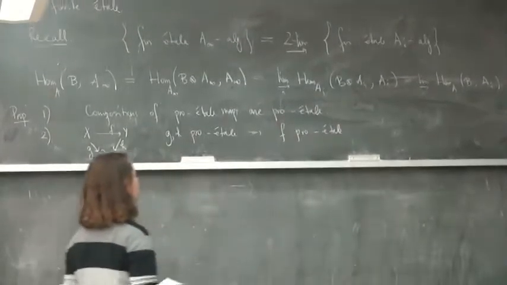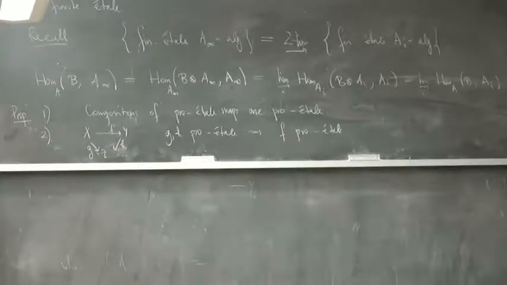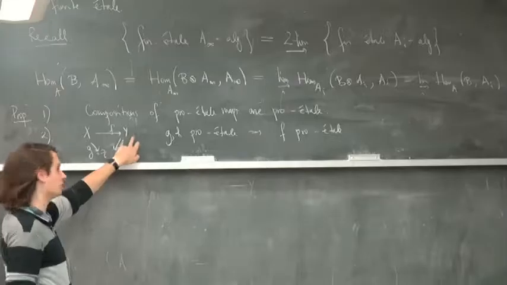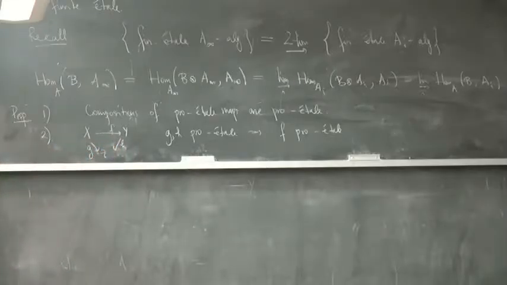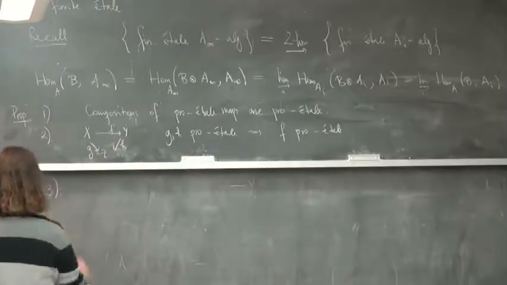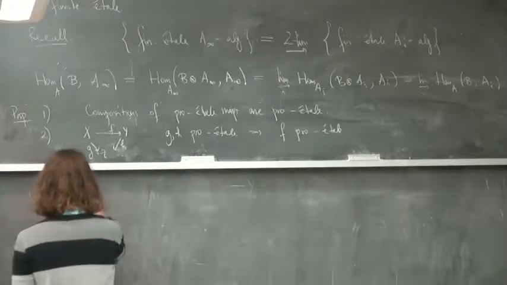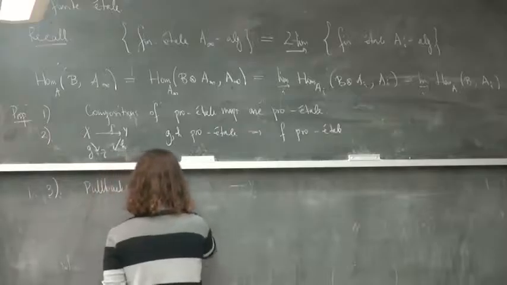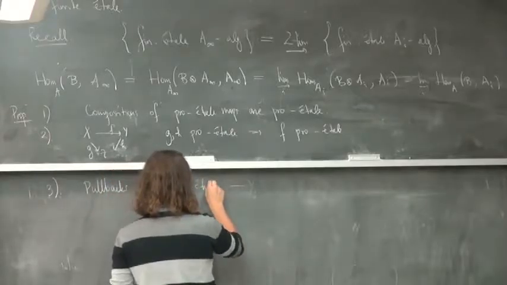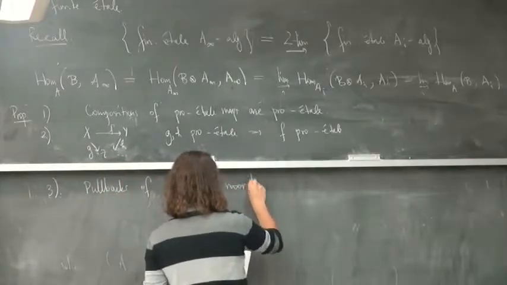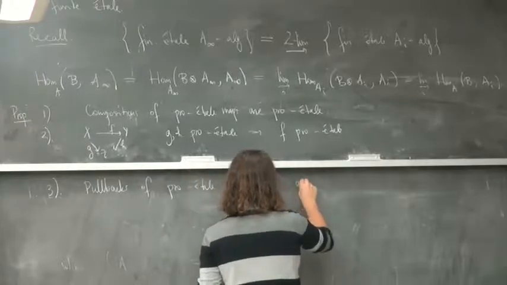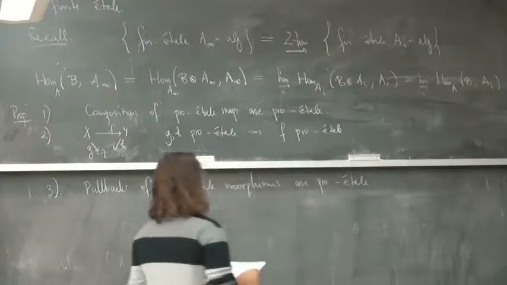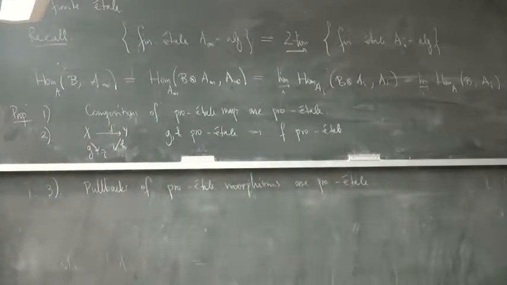This is something that wasn't true with the definition I gave in my p-adic Hodge theory paper, because this could be a point, this could be a point, and this could be a profinite set, and then this wouldn't be. That's my old definition. And then also pullbacks of pro-étale morphisms are pro-étale.